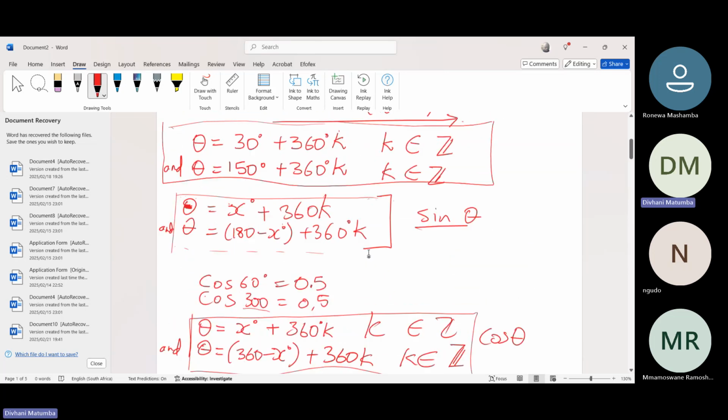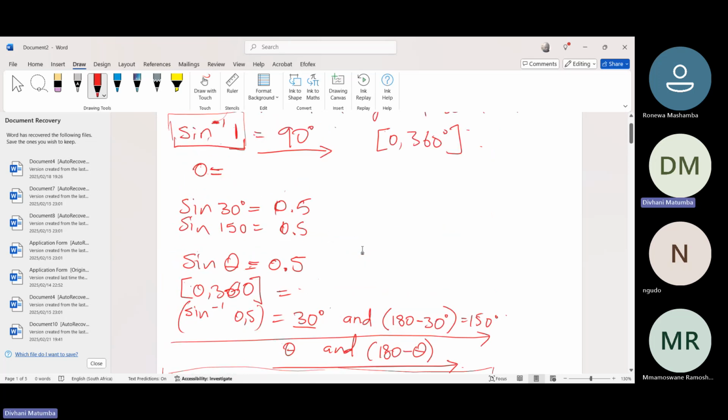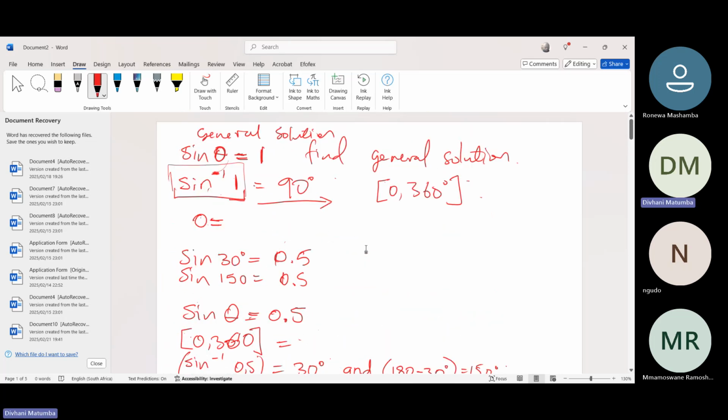Now, the reason why when I did the first example of sine of 90 degrees I only used one general solution. Mamswan, why do you think I only used one general solution for sine theta equals 1?